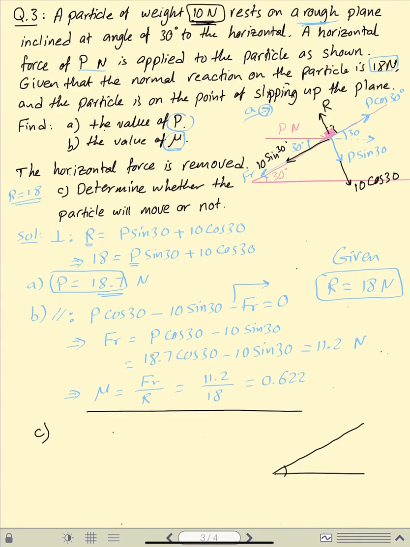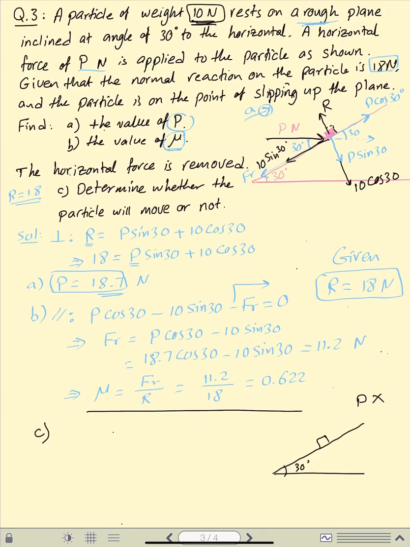30 degrees, of course, will not change. The horizontal force P newtons that was affecting the particle is removed now. What will happen now? Since P is removed, it was helping push the particle to move up the plane.